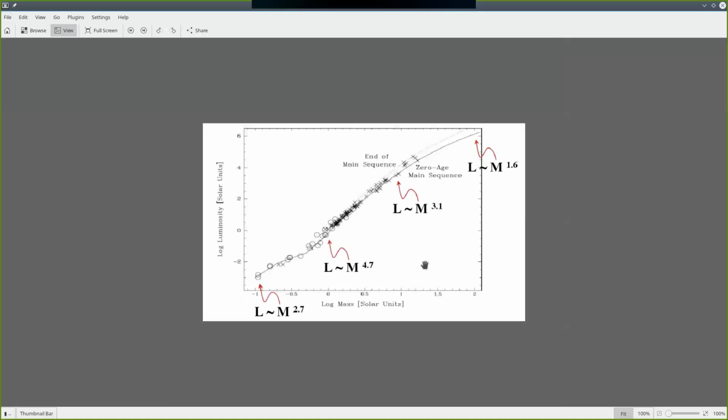Here, above 30 solar masses, we have more like linearity, and for the smallest ones it is steeper, and the luminosity decreases quicker with the mass.